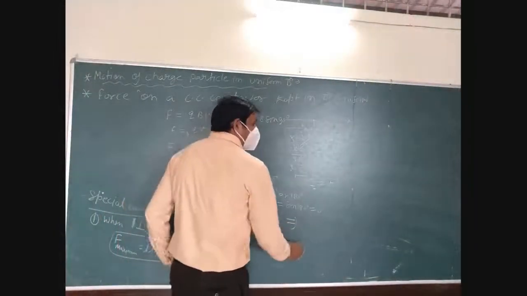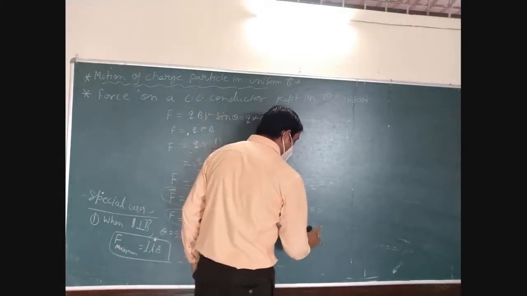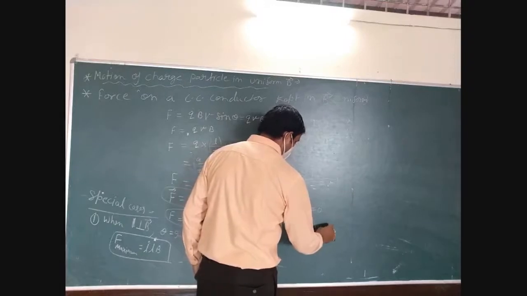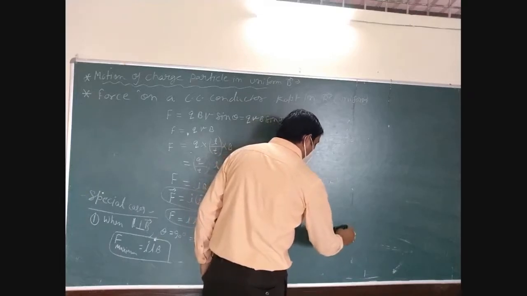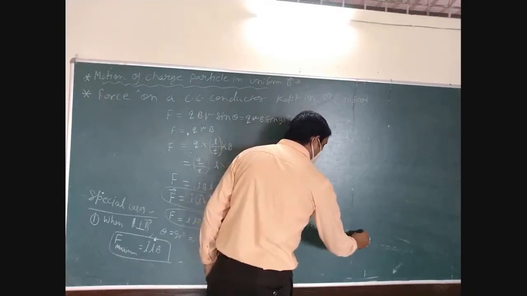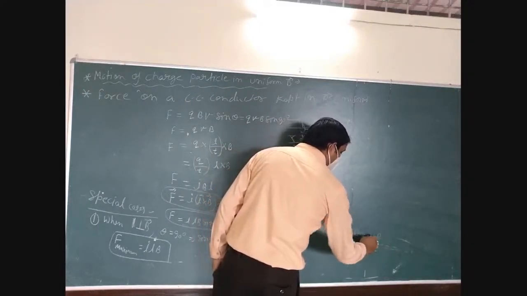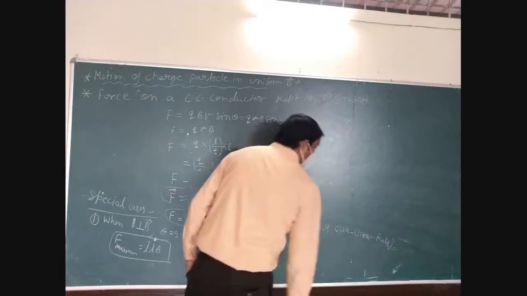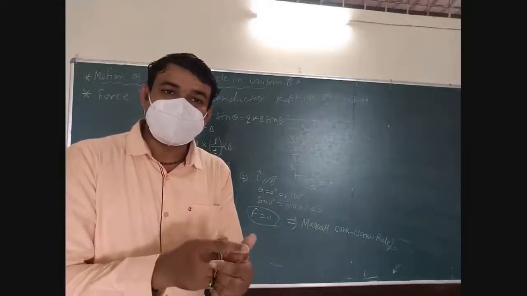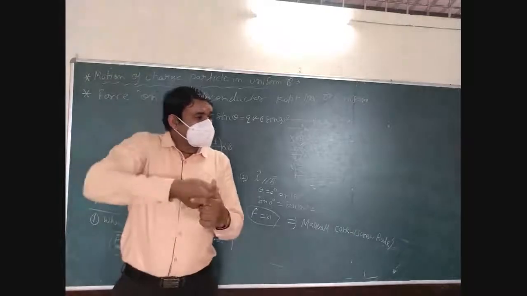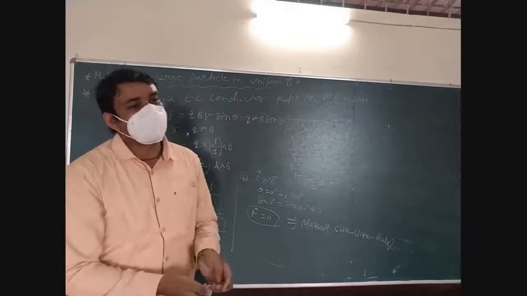One is Maxwell's corkscrew rule, in which a person has a screwdriver, and if it rotates the screwdriver, then the thumb gives the direction of current and the curling of fingers gives the direction of force.